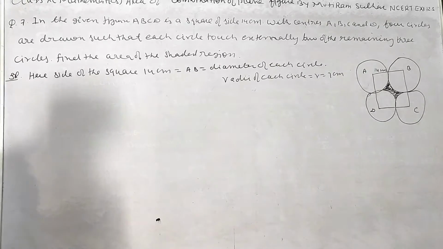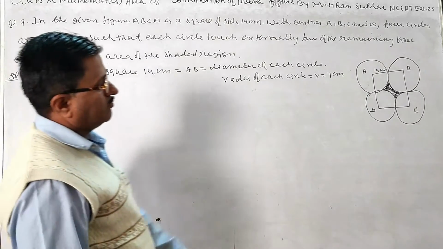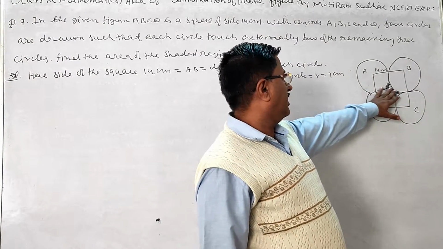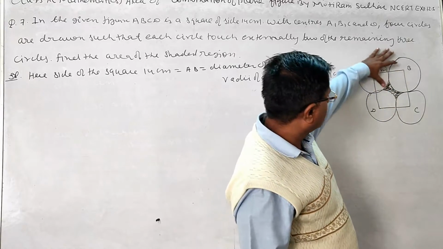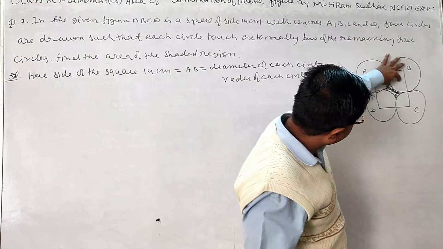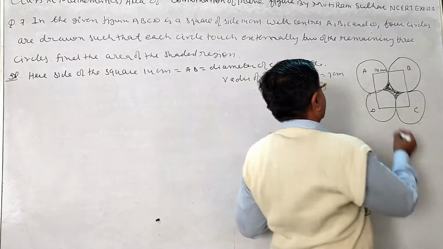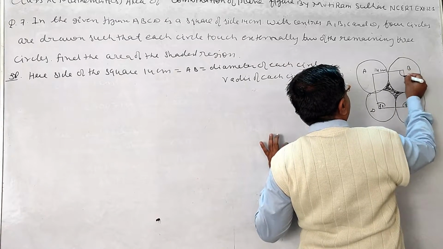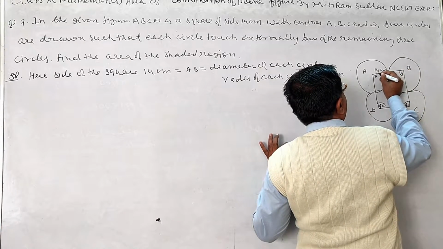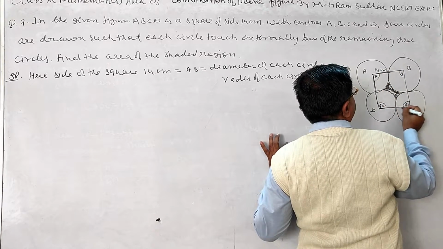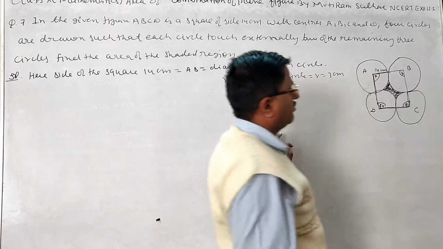Now dear student, we have to find the area of the shaded region. So see very carefully, the required area will be the area of the square minus the area of the 4 sectors. And we know that each has an angle of 90 degrees and radius is 7 for each circle. So all are equal.